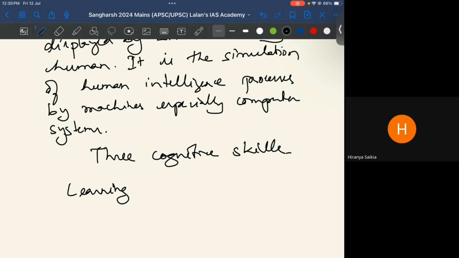Second is reasoning, which means deciding which weight to apply so that we get our desirable outcome, and that has to come in the machine too. Then third is the self correction process. Self correction process means we have to continually fine tune our processes, our algorithms, so that the most appropriate or accurate results come.